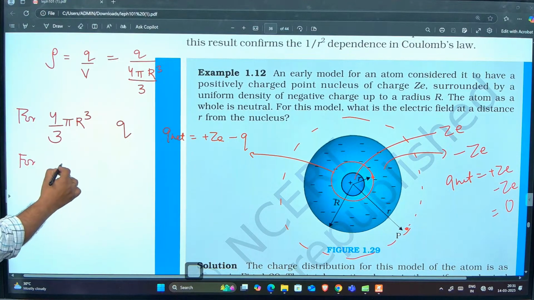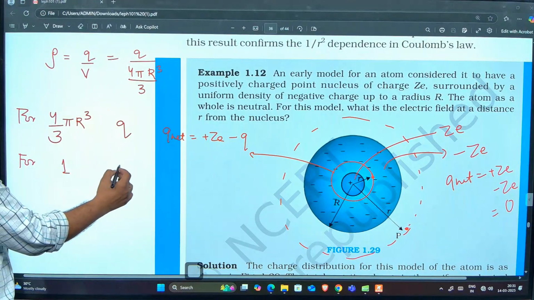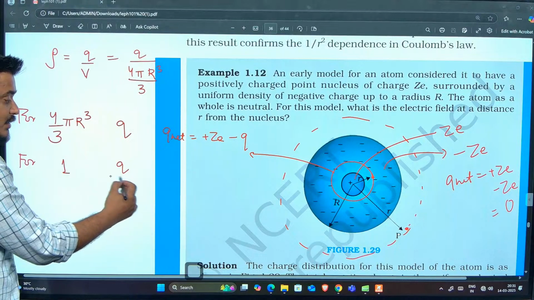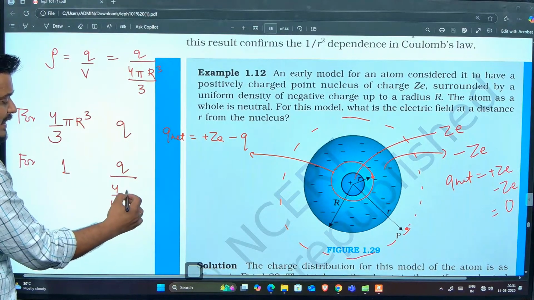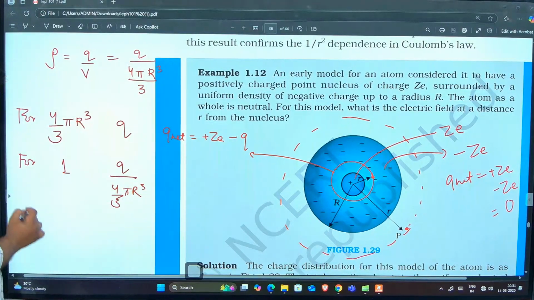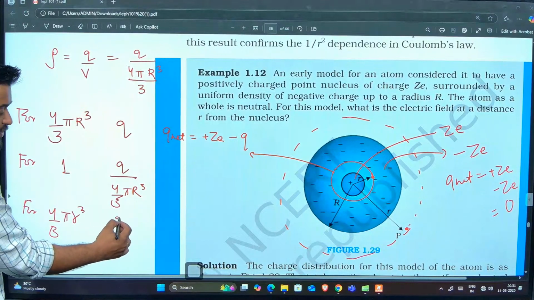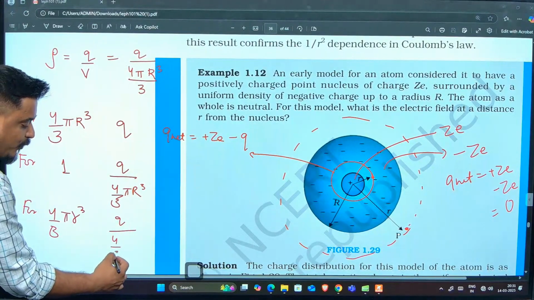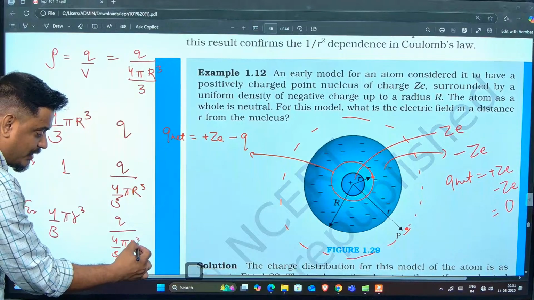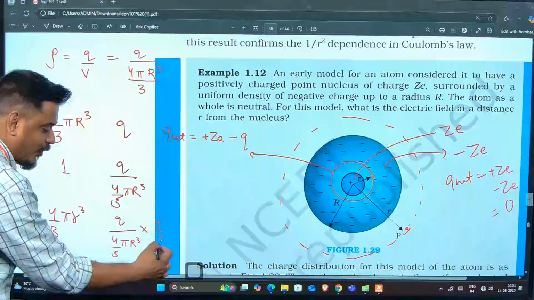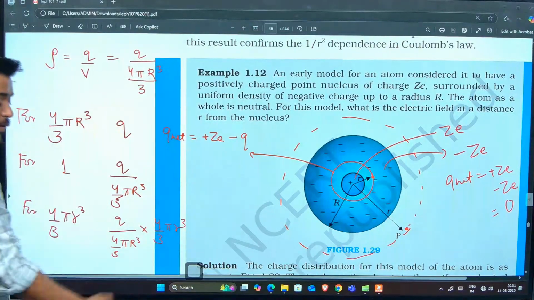Then for unit volume, charge will be Q by 4 by 3 pi R cube. And for this volume, the charge will be Q by 4 by 3 pi R cube multiplied by 4 by 3 pi r cube. What I am doing, are you understanding?